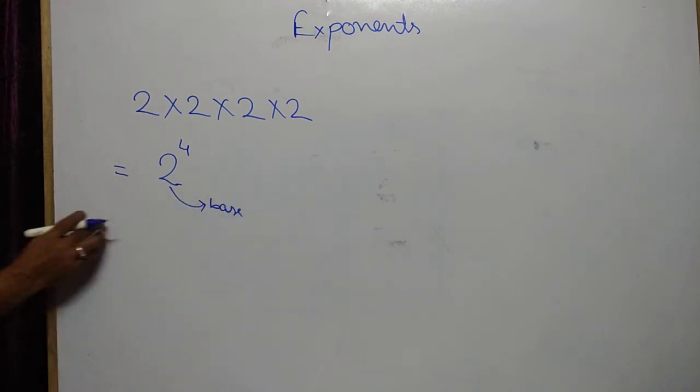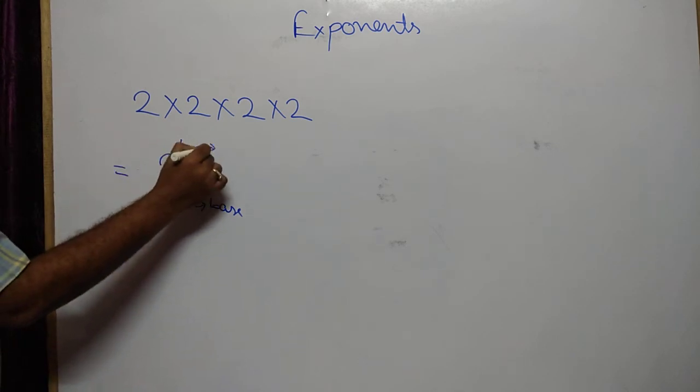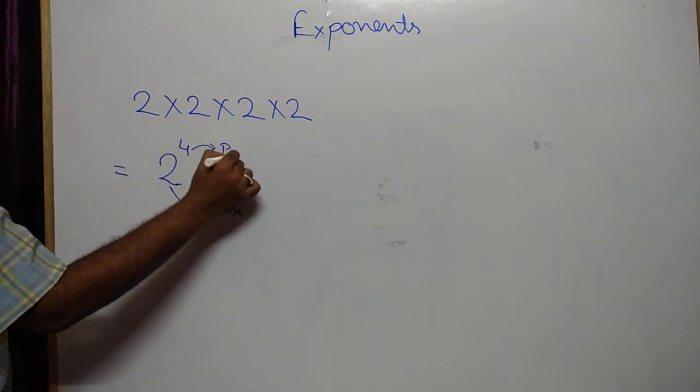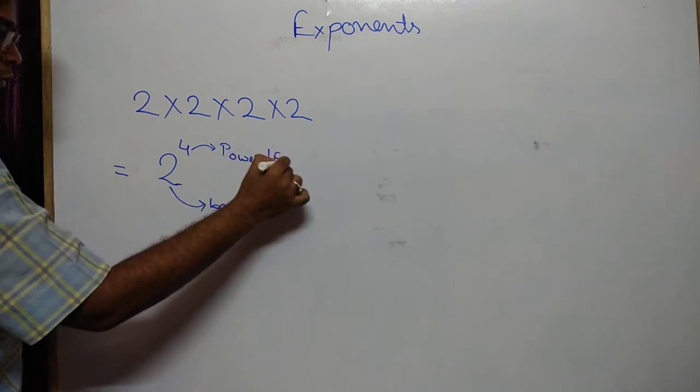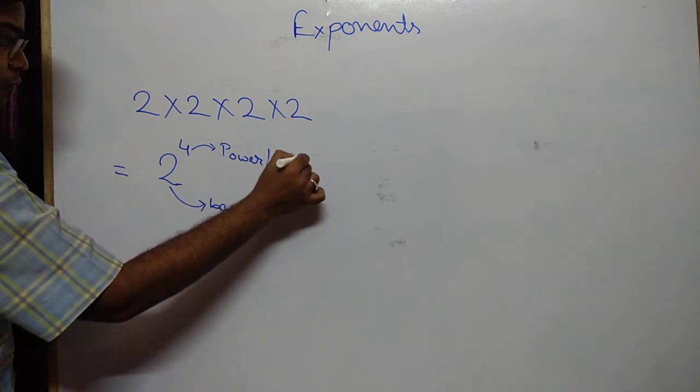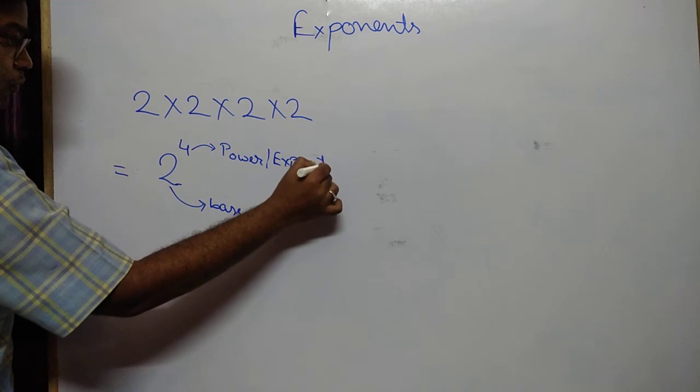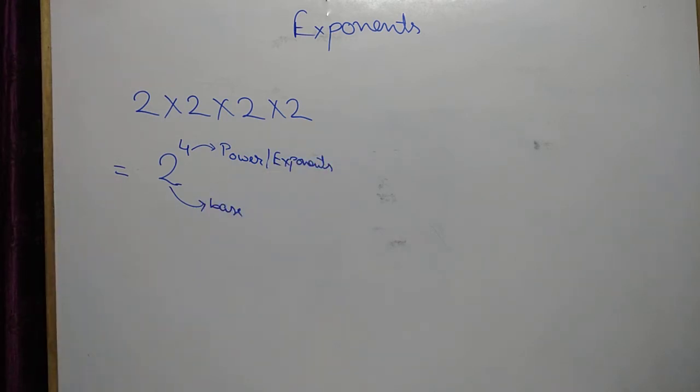This 2 is known as your base. This 4 is known as your power or exponent. Clear? This type of expression is known as an exponent.